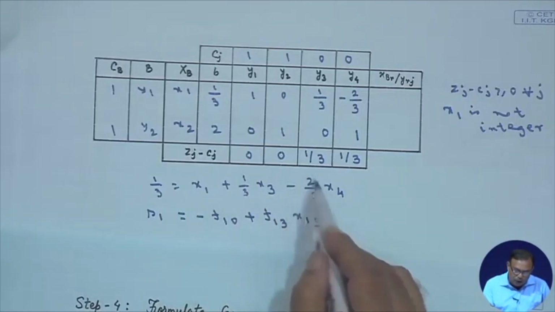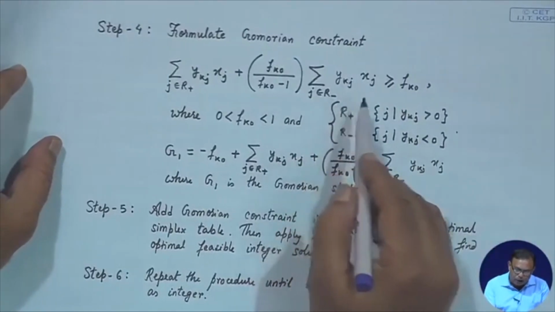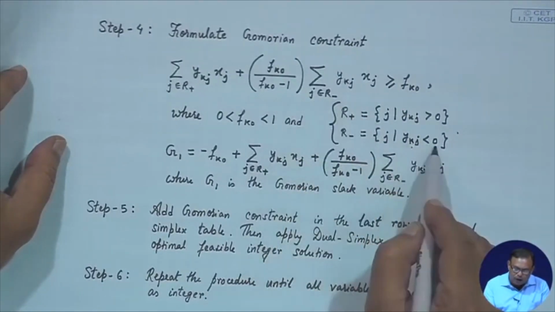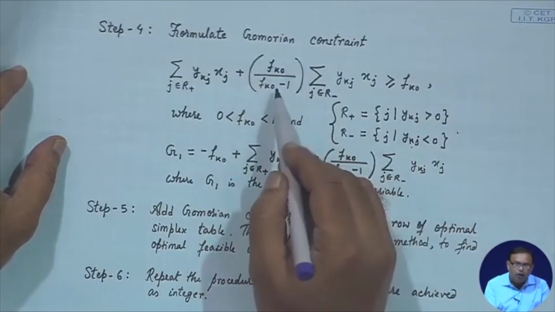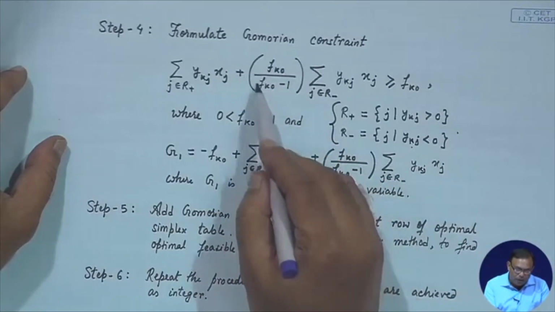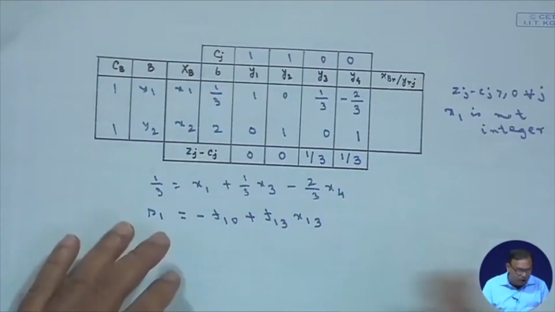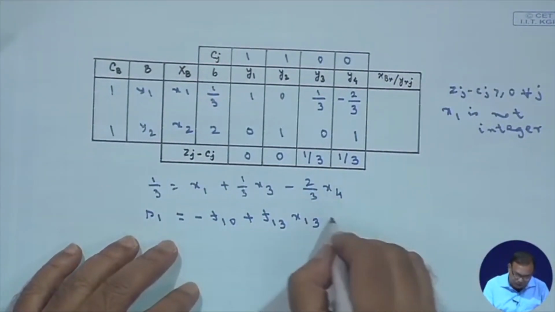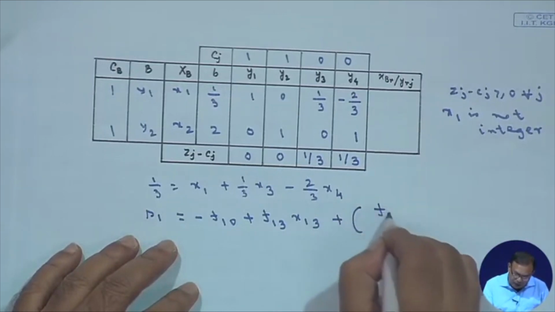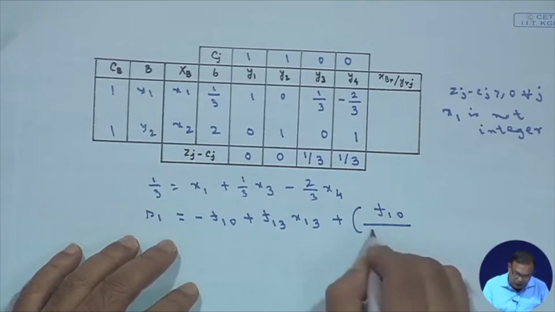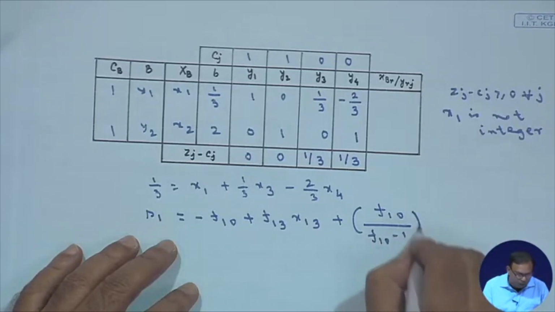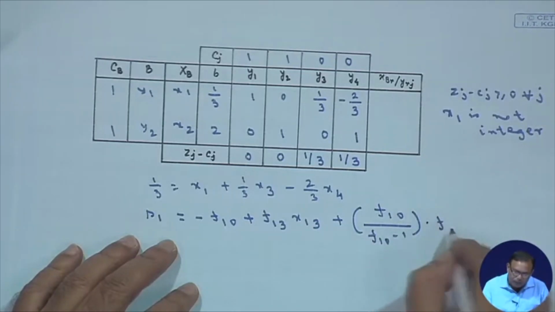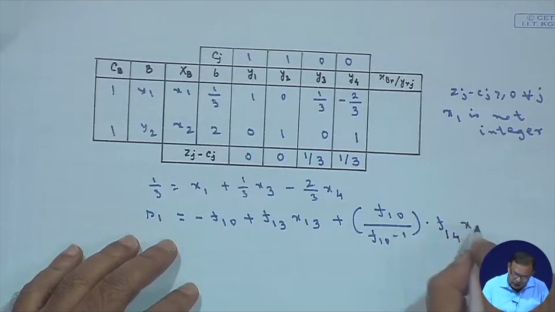Similarly, ykj is less than 0 for j belonging to R minus, where the coefficient will be fk0 by fk0 minus 1. So, this is f13 into x3 plus f10 by f10 minus 1 into f14 x4.